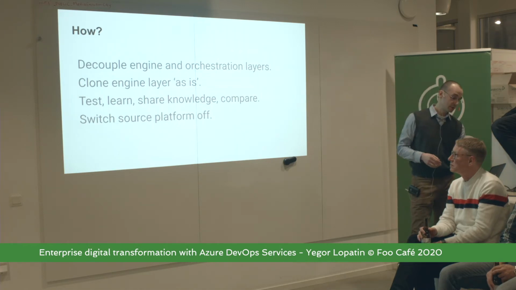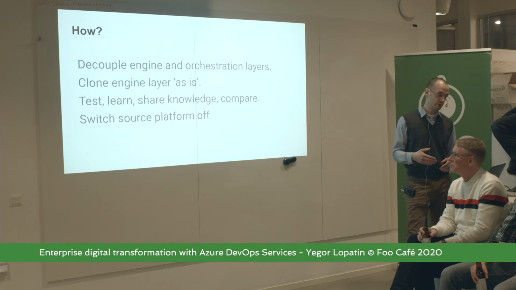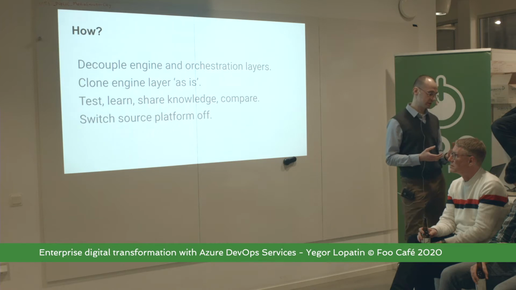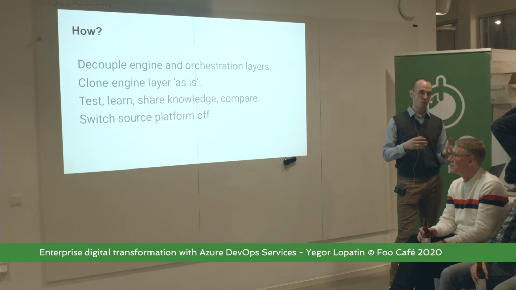That means that, for example, if we started a migration from Jenkins or Octopus, the first rule was, on that platform without any migration, to ensure that deployment scripts or build scripts are not dependent on the orchestration tool, because that will give us the possibility to go back and forth in the future between different orchestration tools.